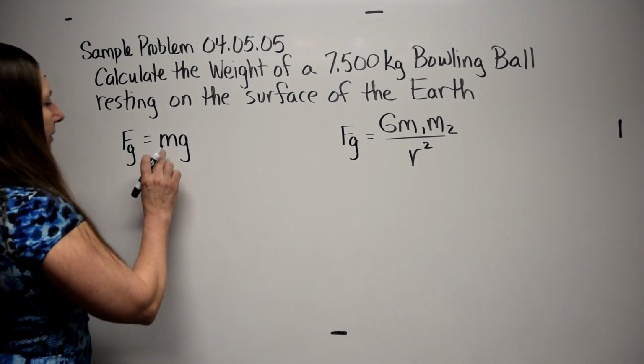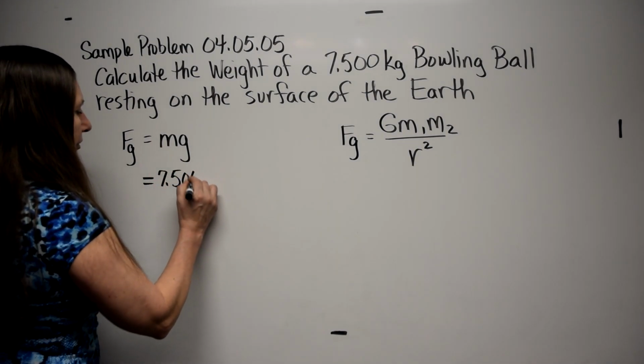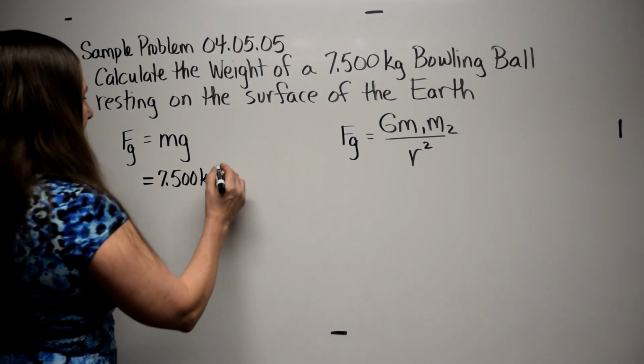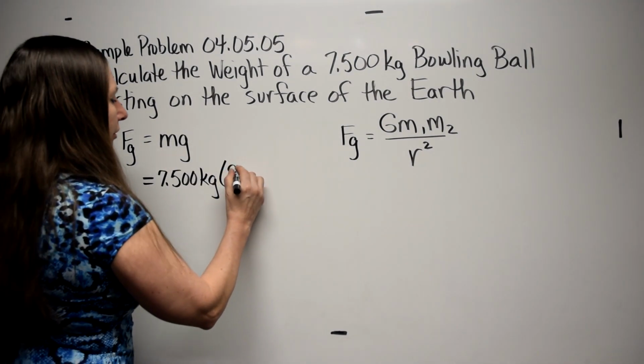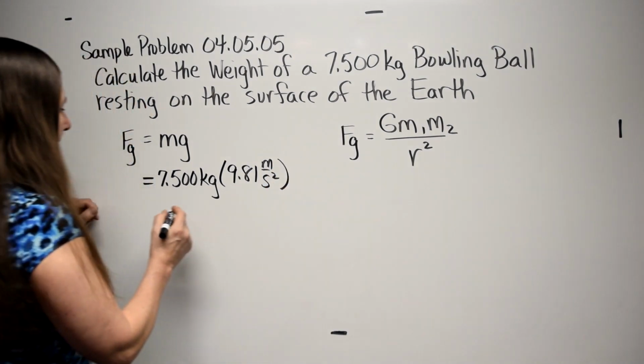So we've got the mass of the bowling ball, 7.500 kilograms. We've got g for the Earth, we'll use 9.81 meters per second squared.